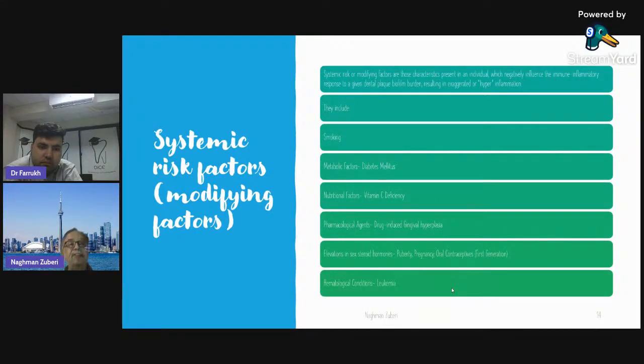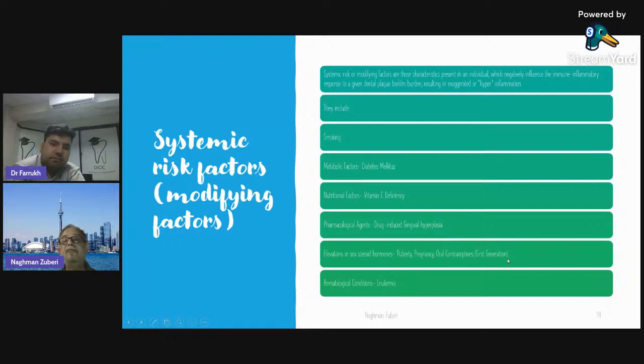Systemic risk factors, they include smoking. Smoking is the commonest and most important modifiable risk factor. Then comes metabolic factors like diabetes mellitus, nutritional factors like vitamin C deficiency, pharmacological agents, maybe certain drugs which may cause gingival hyperplasia, elevations in sex steroid hormones, which occur in puberty, pregnancy, oral contraceptives.